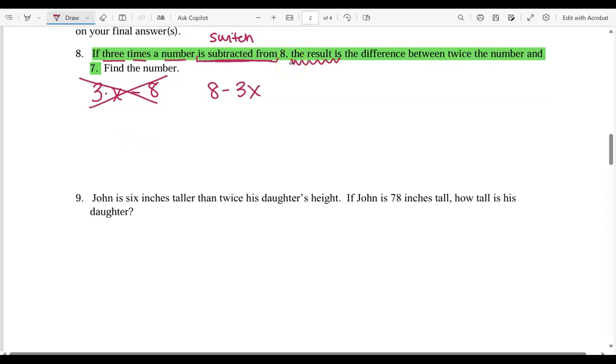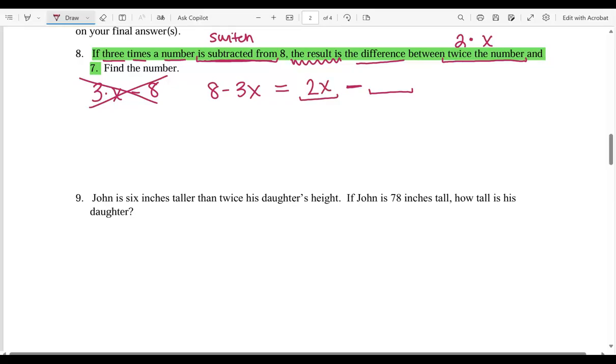Now the result is where we place our equal sign. And it says the difference between. So difference means I'm going to subtract, but they haven't told me the two things yet. The difference between twice the number. Twice means 2 times our placeholder.